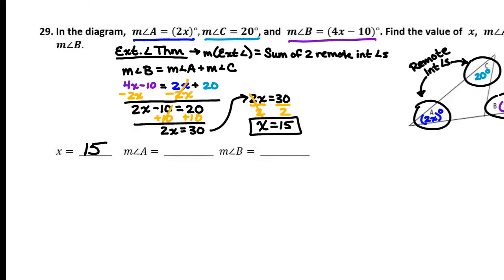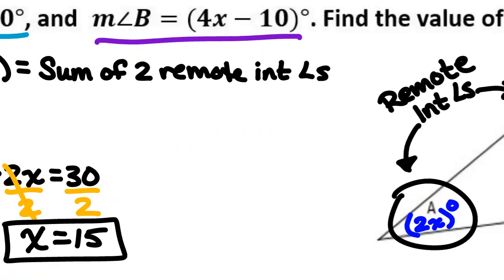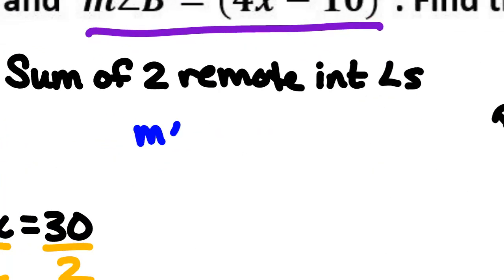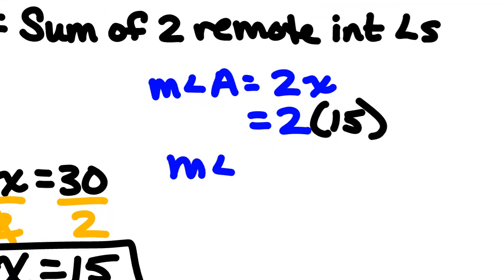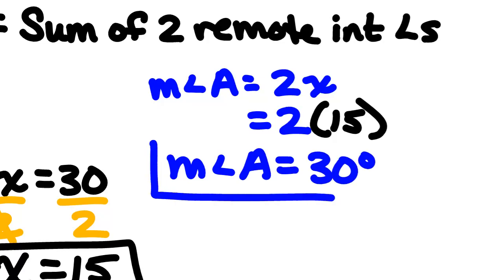Now I need to also find the measurements of angle A and B. Well, the measurement of angle A was 2x. So I have 2 times 15. And 2 times 15 would give me how much? 30. So the measurement of angle A is 30 degrees.